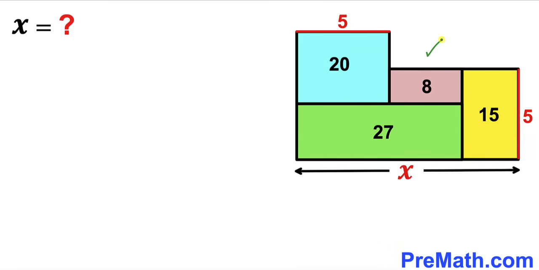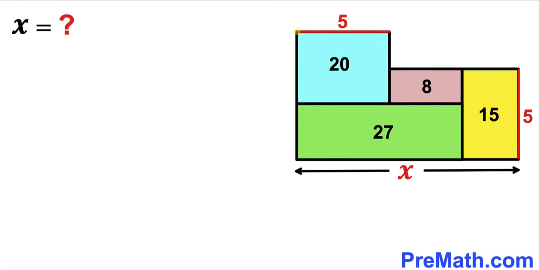In this diagram, we have blue, pink, yellow and green rectangles, such that the area of the blue rectangle is 20 square units. The area of the pink rectangle is 8 square units. The yellow rectangle has an area of 15 square units, and finally the area of the green rectangle is 27 square units as well.